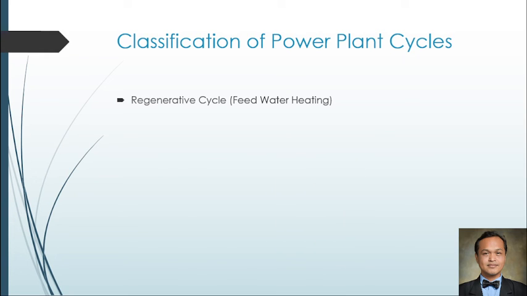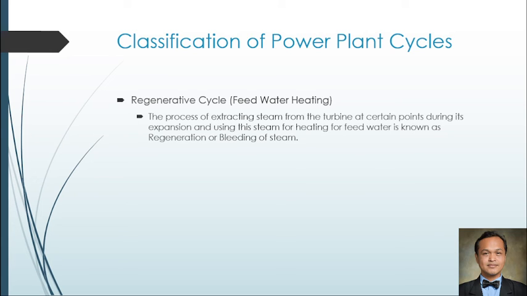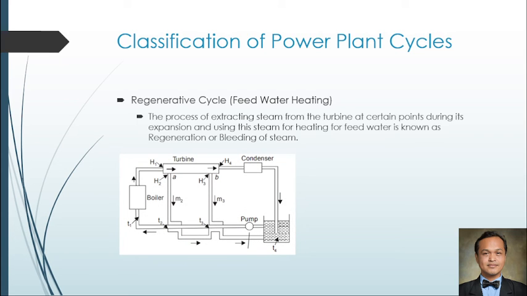A regenerative cycle, or feed water heating, is the process of extracting steam from the turbine at certain points during its expansion and using this steam for heating the feed water; this is known as regenerative or bleeding of steam. In this regenerative cycle, the steam is being extracted at points of the turbine.